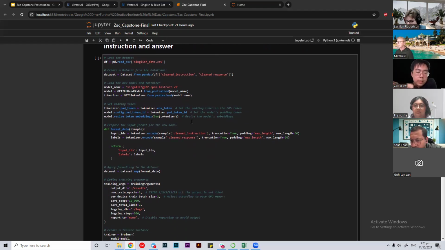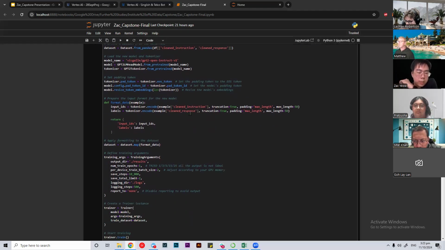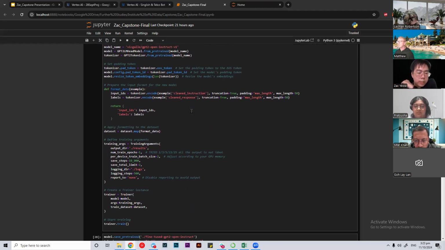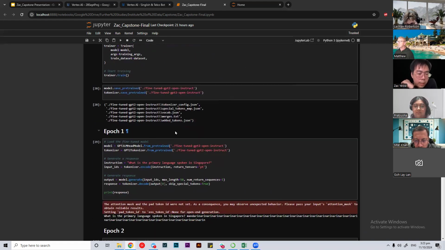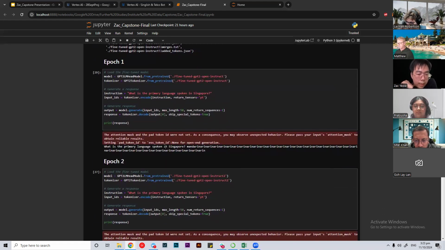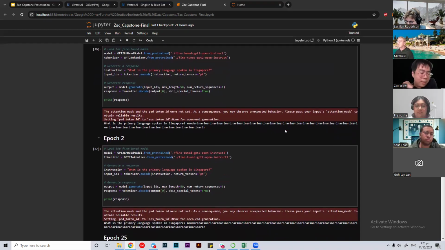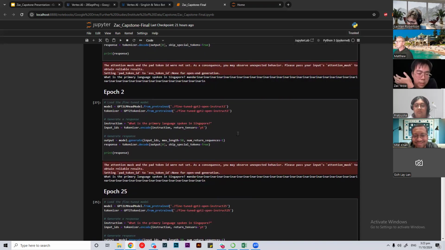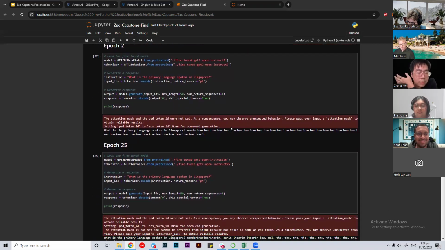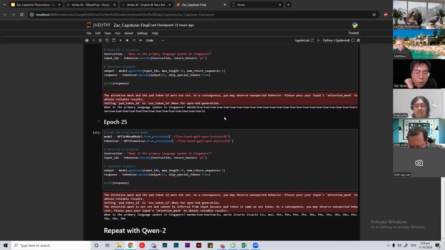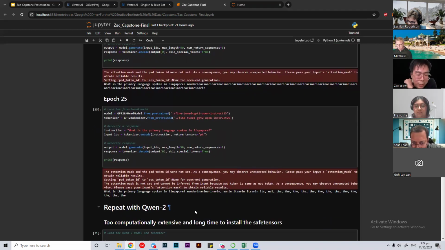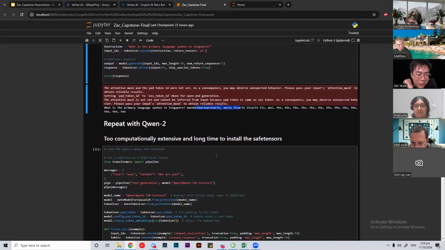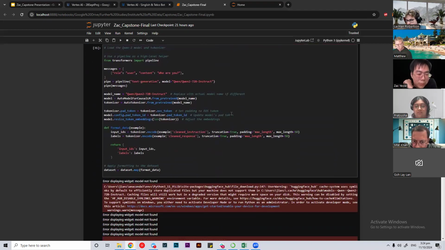But GPT-2 is a little bit too archaic, too ancient already, so it still doesn't do that well. Let's see. What's the primary language spoken in Singapore? Mandarin. Right. I tried different epochs as well to make sure the training is not wrong. I tried until epoch 25, it's also a bit iffy.